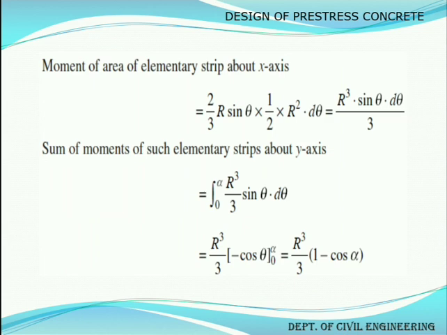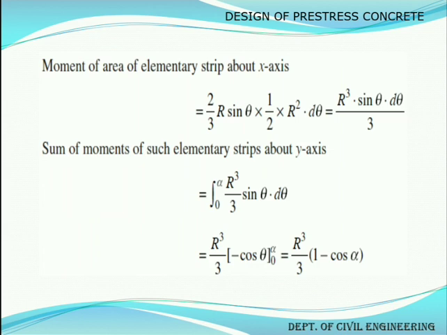So here the moment of the elementary strip of area half r into r d theta is given by 2 by 3 r sine theta, which is the vertical projection, multiplied by area. We get the answer as r cube sine theta d theta by 3. Now there exist many such elements, so we have to find the summation of the moments of such various elements lying between the limits 0 to alpha of the sector.